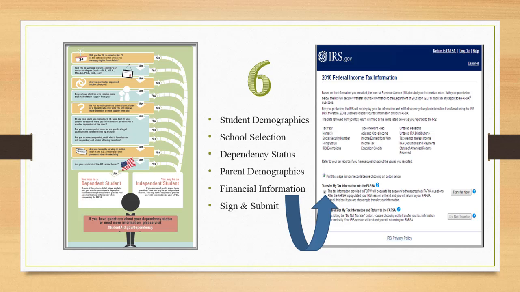This eliminates having to enter the information line by line and reduces a student's chances of being selected for verification. After you have completed the financial information section, you are closer to the finish line. The last section is signing and submitting the FAFSA using your FSA ID as your electronic signature, and parents' FSA ID if you are a dependent student.